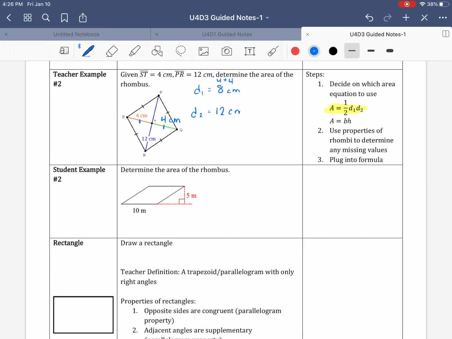Diagonal 2 is 12 centimeters. So if I'm going to use my area formula, 1/2 times 8 times 12, 0.5 times 8 times 12, the area is 48 centimeters squared. Take some time to try student example number 2.